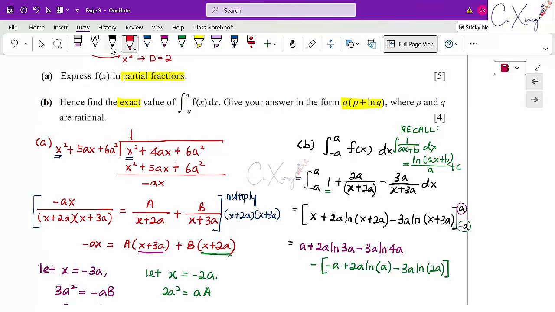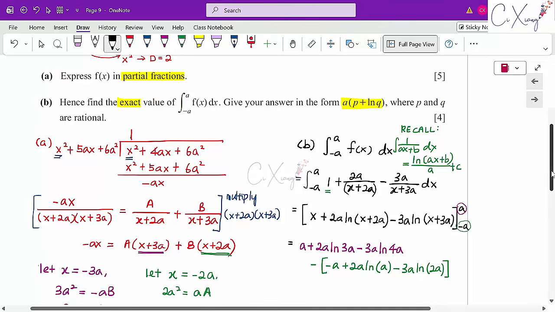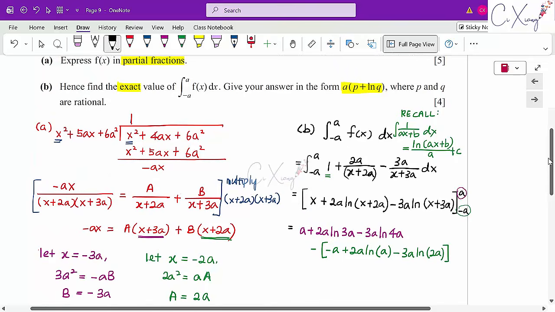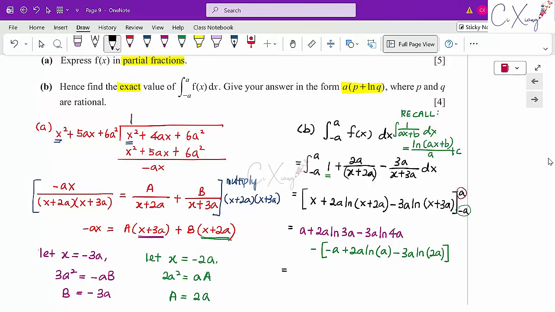Next step, you need to very carefully simplify your answer into the form that they want. Don't forget, they want this form: a bracket b plus ln c. Before I can combine them, I expand everything first.